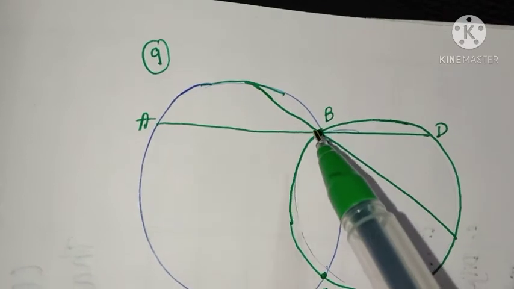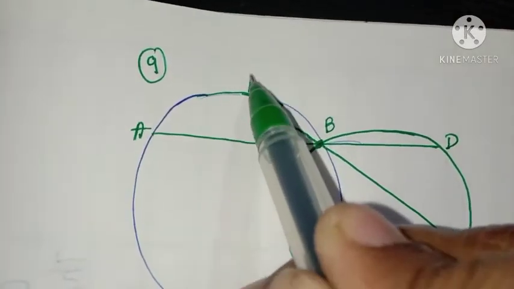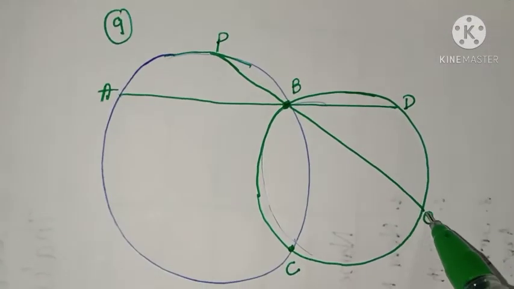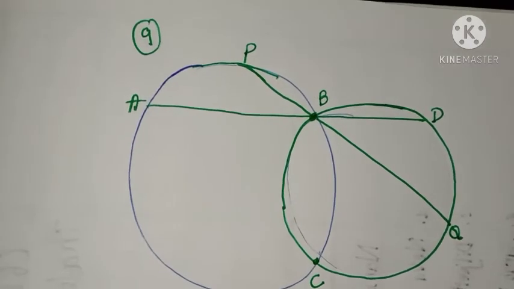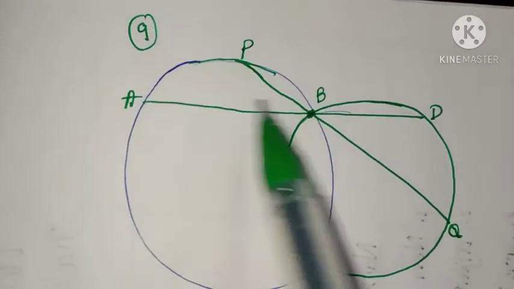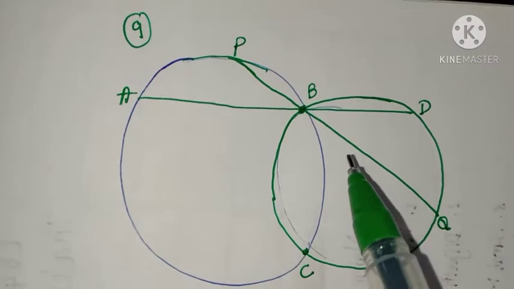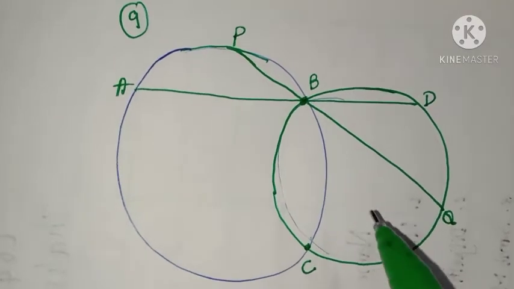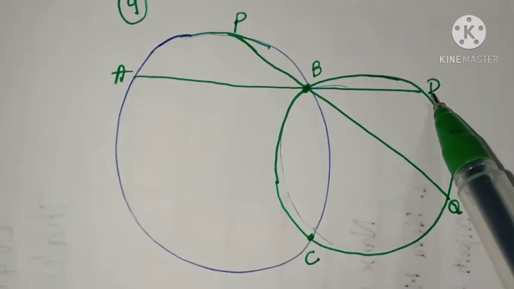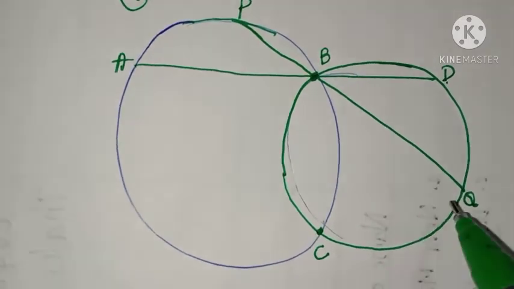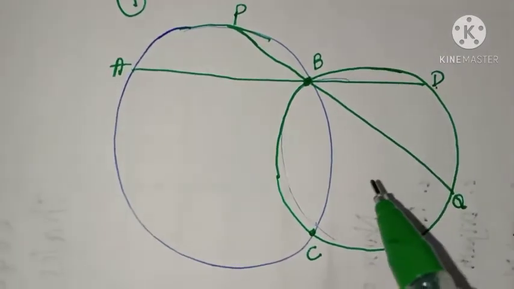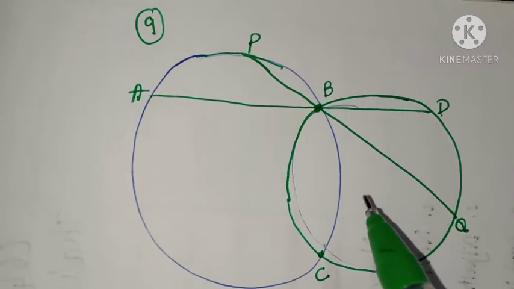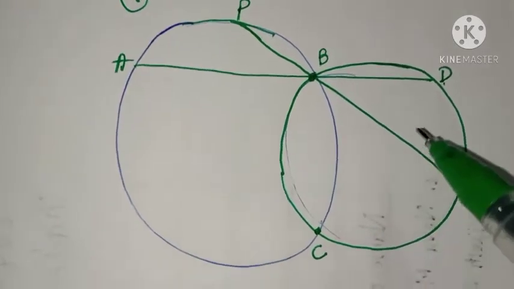And through the same point B, draw a line PBQ. Now, these lines ABD and PBQ intersect the circles at A, D, and then P, Q. Is that clear? We need to prove that angle ACP.